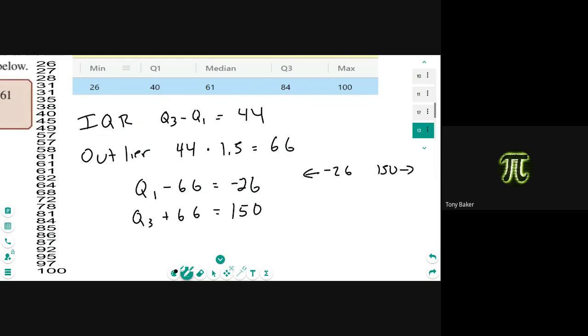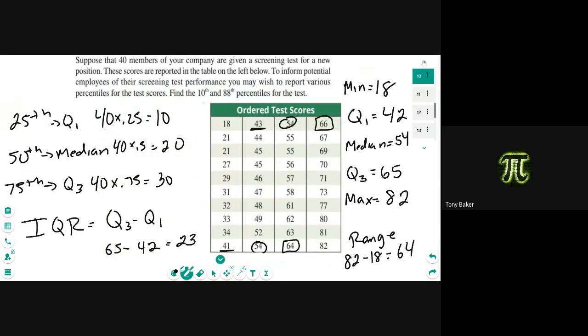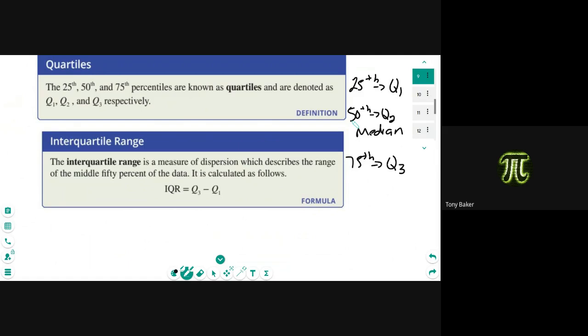Why isn't it 84 times 1.5? Because 84 is not my IQR. I have to find my IQR first. So in the definition for outliers, it says 1.5 times the IQR and then below or above the 75th or 25th percentile.